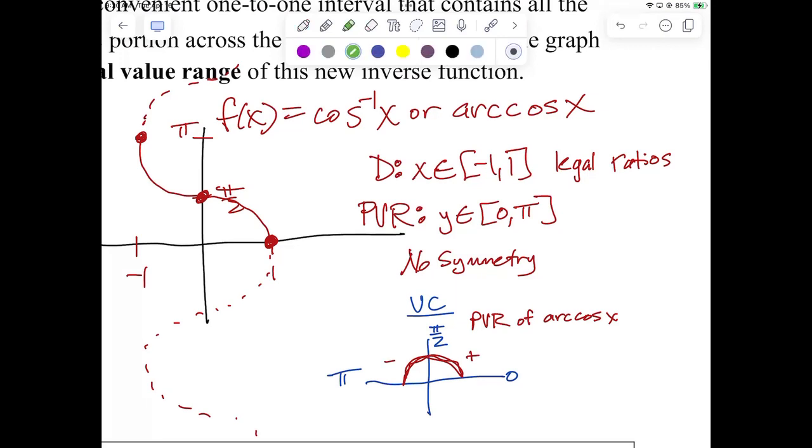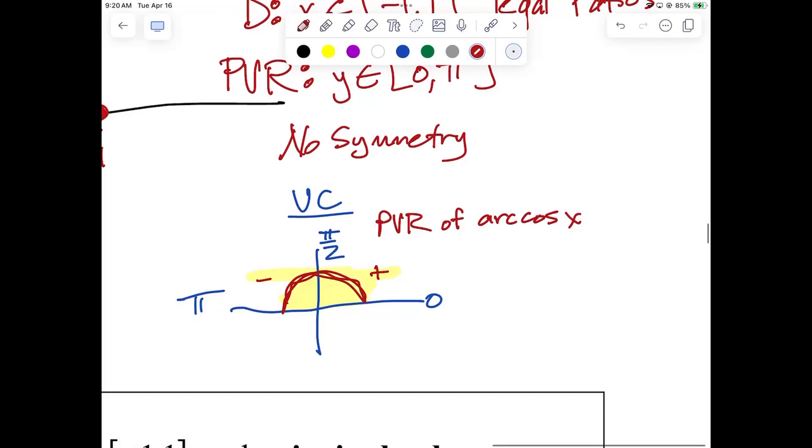So I like to think of the PVR for arc cosine not as the half moon, but as the sunrise. As the sun on the horizon. If you want to think of it as sunrise or sunset. And the easy way to remember that is cosun, right? It sounds like cosine. Cosun. It's the sun on the horizon.